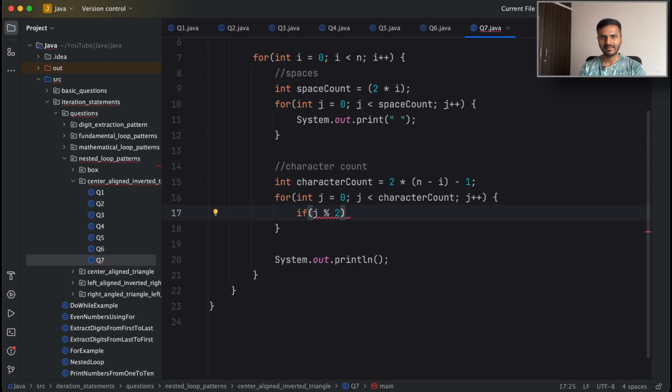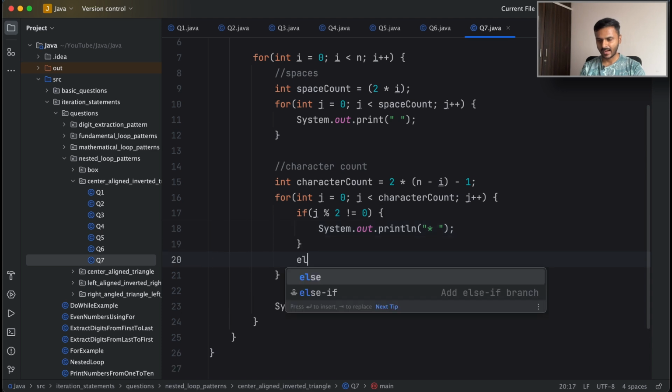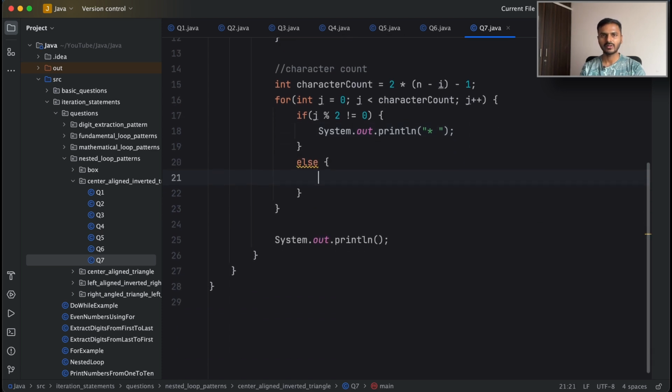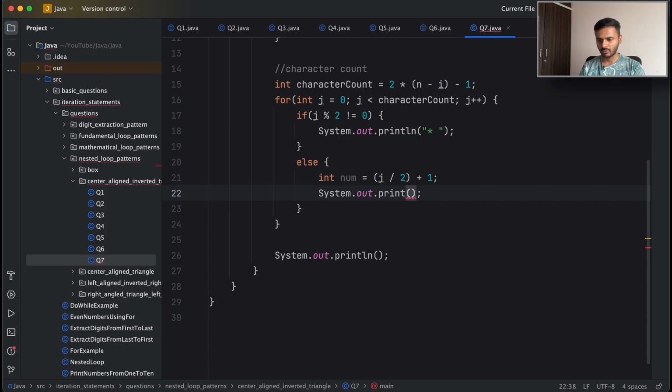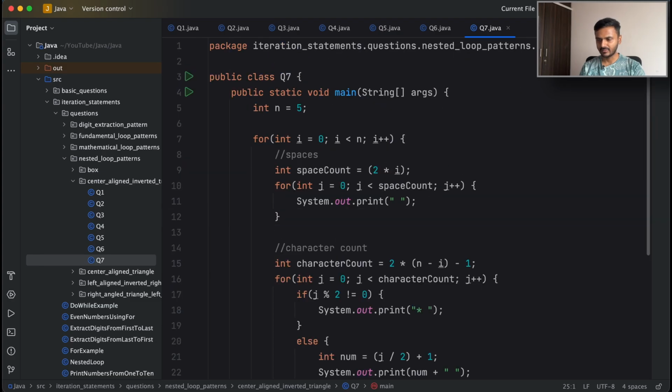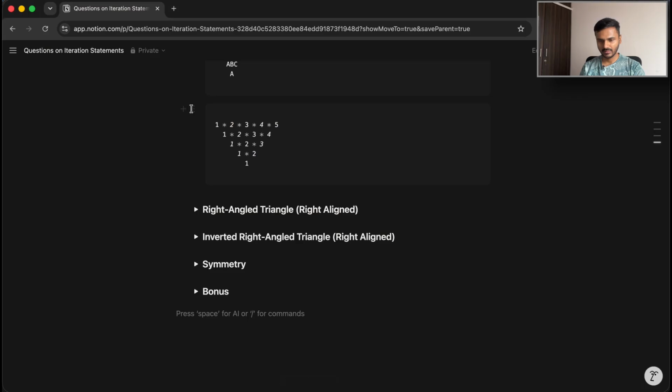On the basis of whatever we have discussed, if j is an odd number, we will have to print asterisk and a space. And if j is an even number, we will first of all have to determine the number that we are supposed to print in that iteration, which we can do by using this expression, which is j by 2 plus 1. And then we'll say System.out.print here and here as well. We'll say num plus a space. And this is all. With this, if I run the code, this is what we get, which is exactly what we wanted.